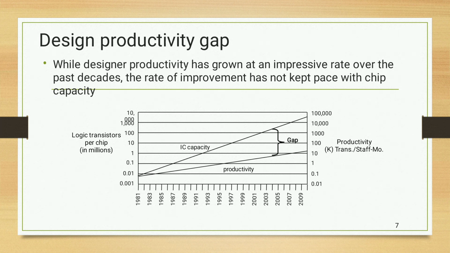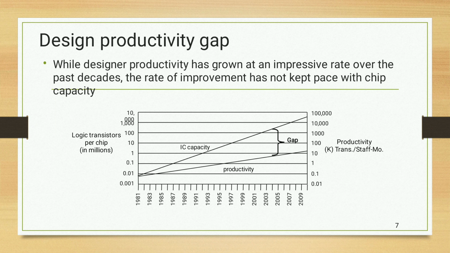In 2002, a leading edge chip requires 3,000 designer months, 15,000 transistors per month. Design cost increases from 1 million to 300 million.